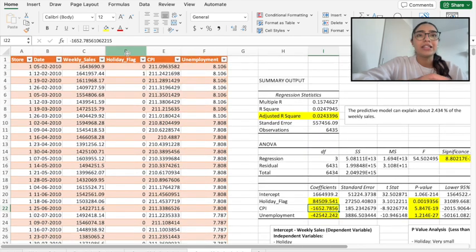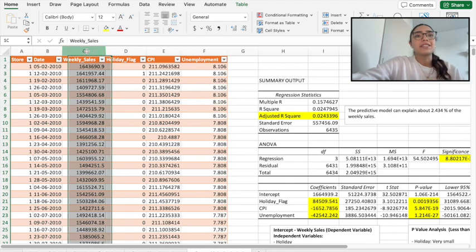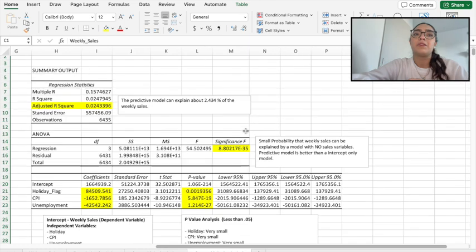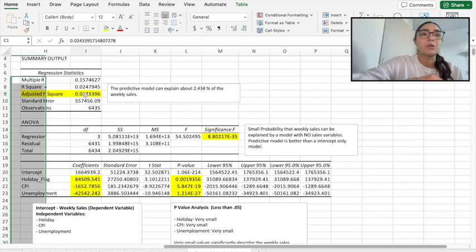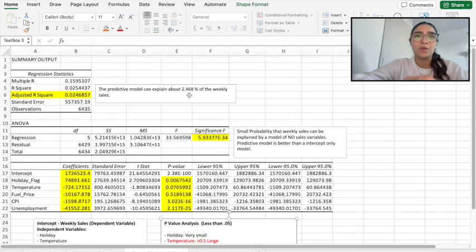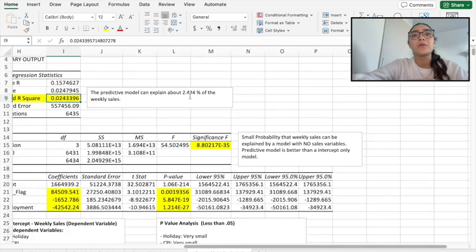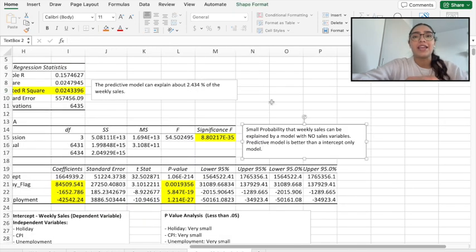We took holiday flags, CPI, and unemployment, and the weekly sales, and we did another multivariable analysis, hoping that the adjusted R-square would improve, even if it was just a little bit, but it didn't. It used to be 2.468, and then it was reduced to 0.434, and it was still better than an intercept only model.